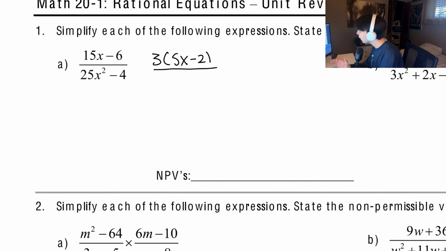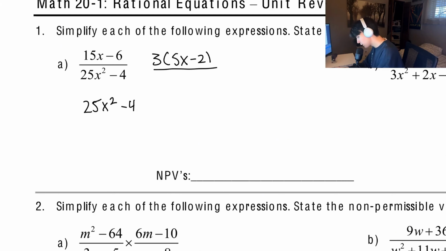So that is our fully factored numerator. Now we're going to factor our denominator. We have 25x squared minus 4. These are all perfect squares, so we can do our difference of squares formula.